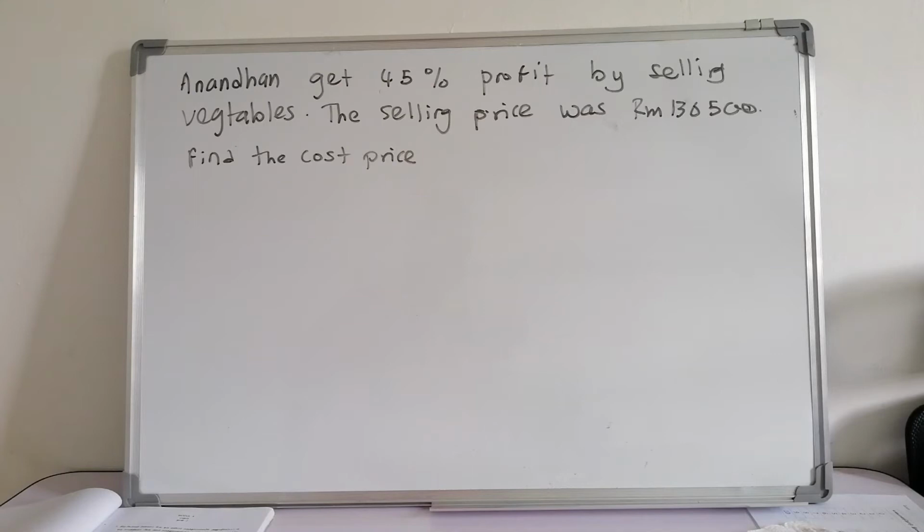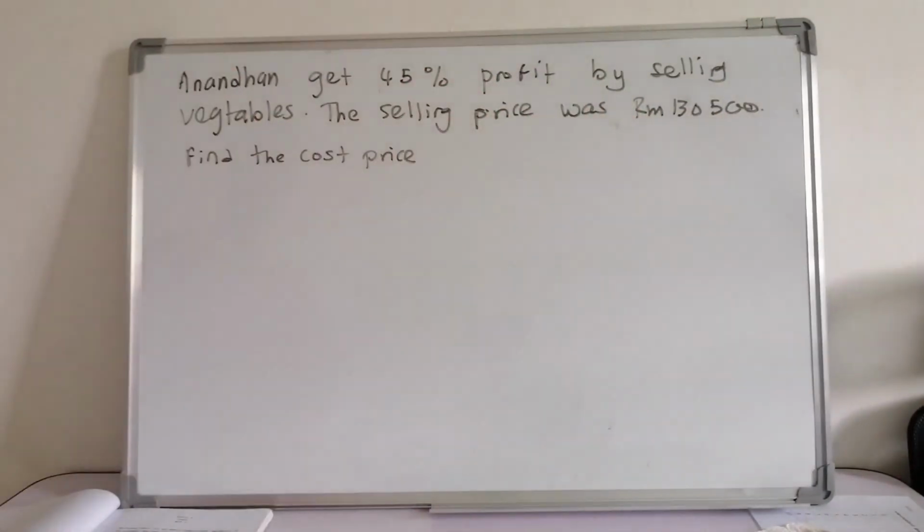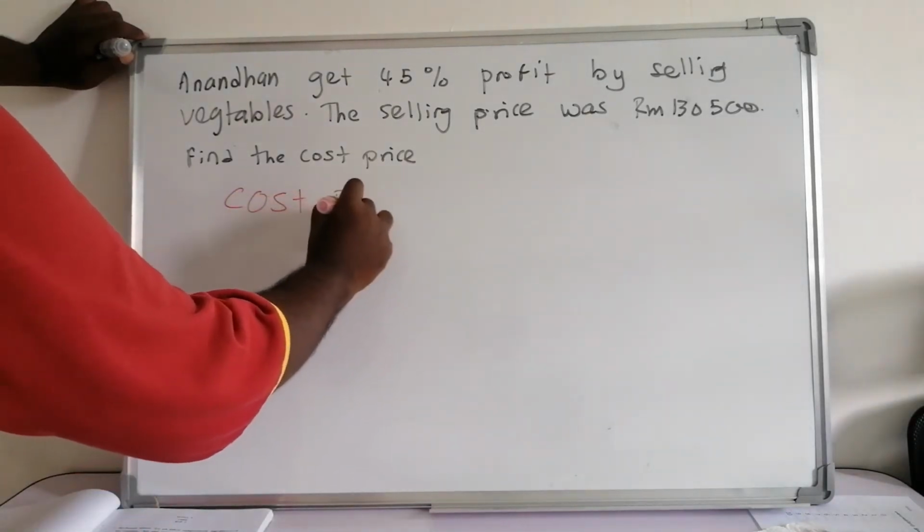Now the third question. Mr. Anandan gets 45% profit by selling vegetables. The selling price was 130,500. The question asks us to find the cost price. How to find the cost price? Cost price also has a formula.